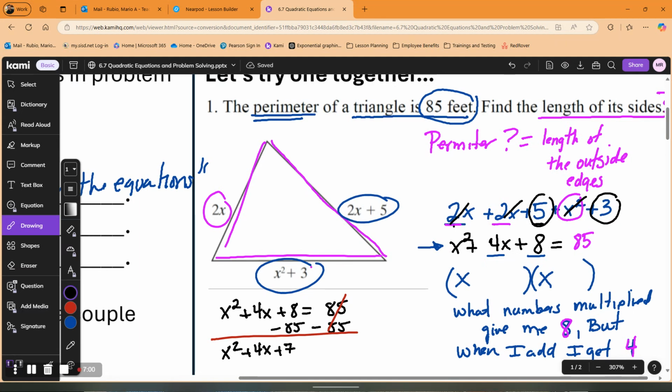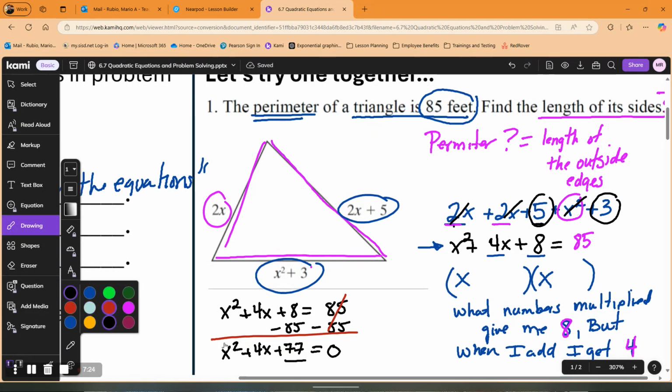Is it 77? Let me do it here off to the side. I got my little scratch paper. 85 minus 8. And that's 77.